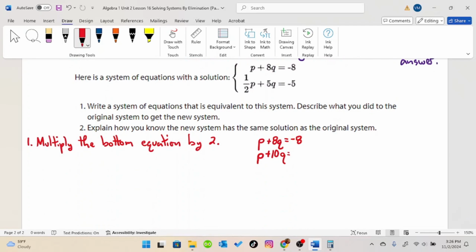And 2 times -5 becomes -10. I've put my bracket here, and now I have an equivalent system.